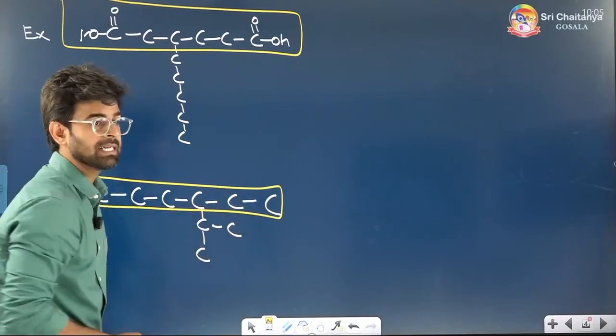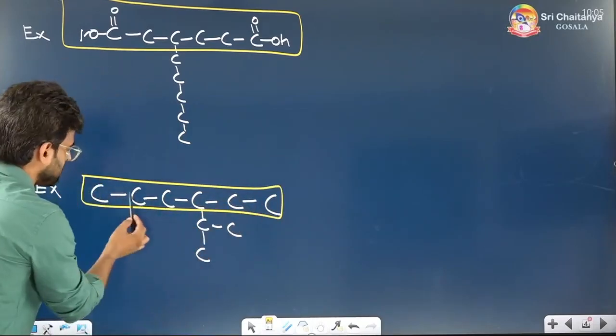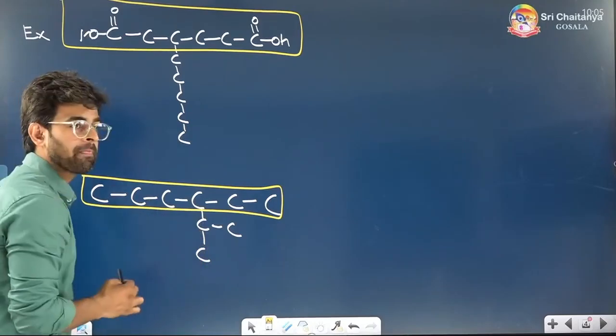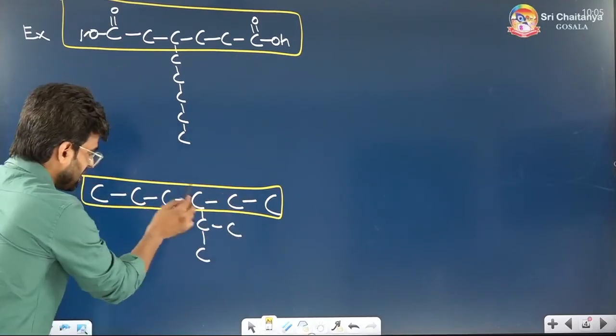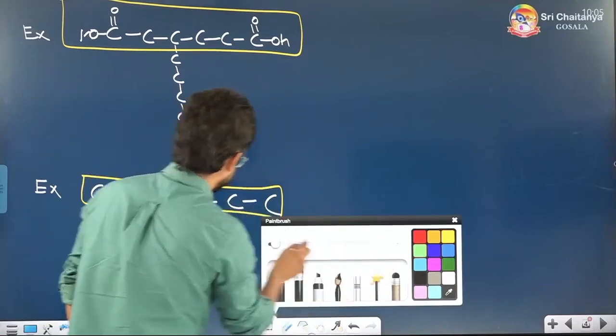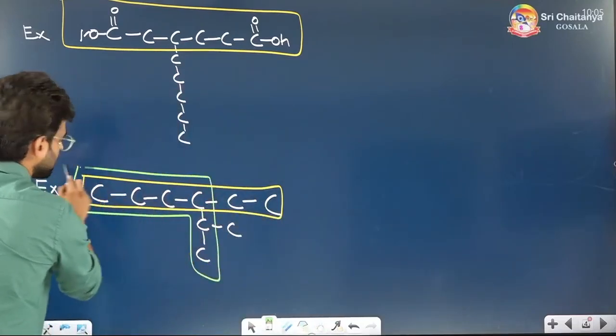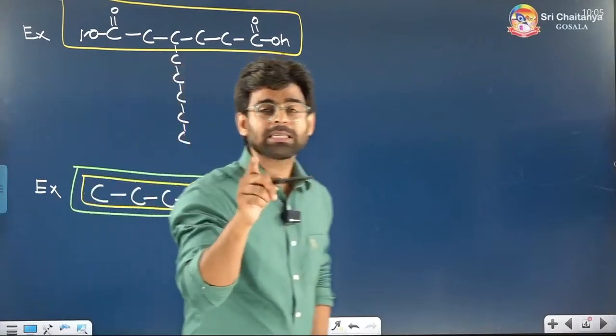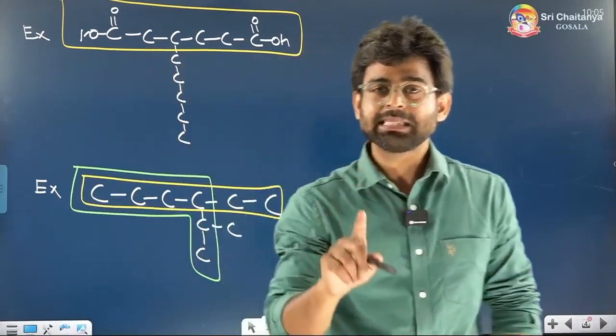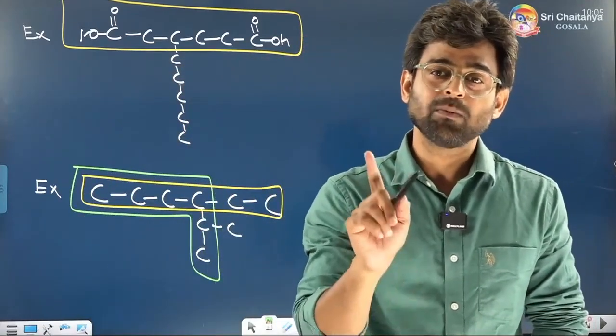In the L also, how many? 1, 2, 3, 4, 5, 6. The L is also 6, right? But the L contains more substituents. Length is the same, but the L contains more substituents.